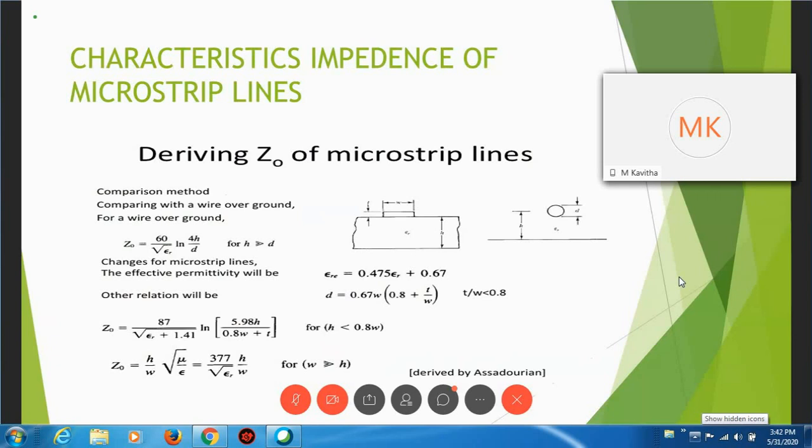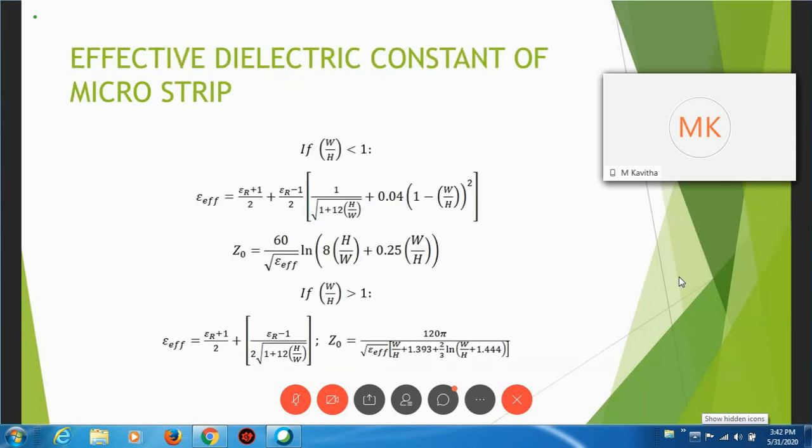This is the design equation for the characteristic impedance of the microstrip line. Next slide. The effective dielectric constant equation for the microstrip line is given by this equation. We need to consider these two equations when designing the microstrip line.